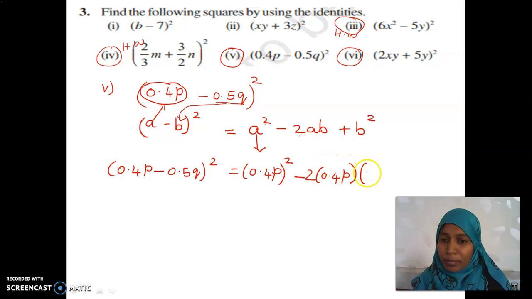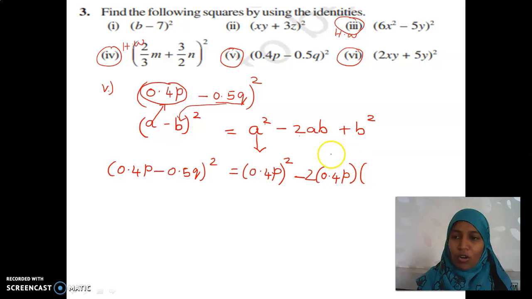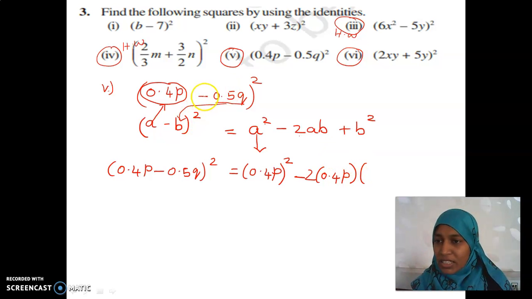Here, you may make a mistake like writing minus 0.5q. Then you are wrong. It matches with the formula a minus b, so you should not take the sign along with b. It is just 0.5q, the whole square.